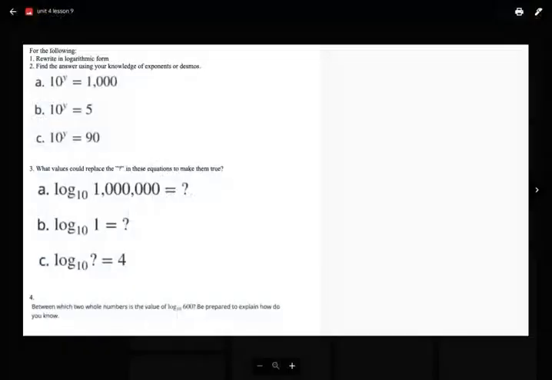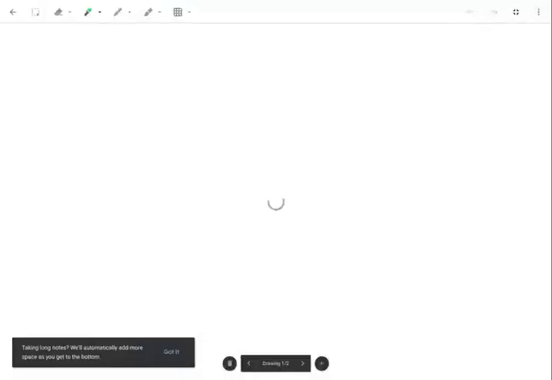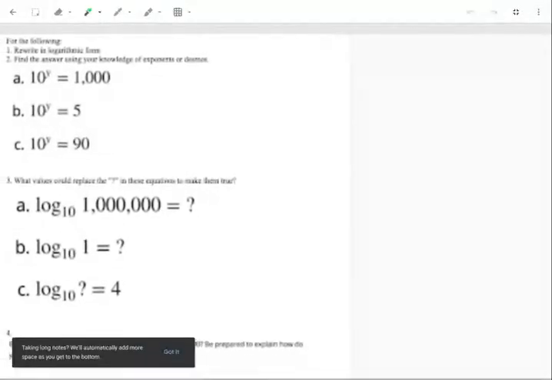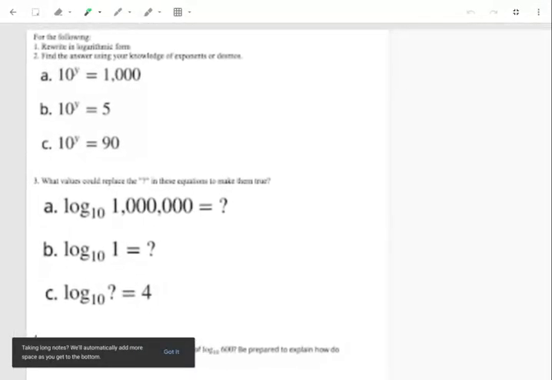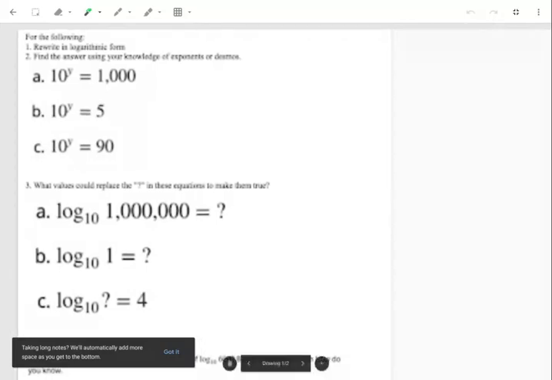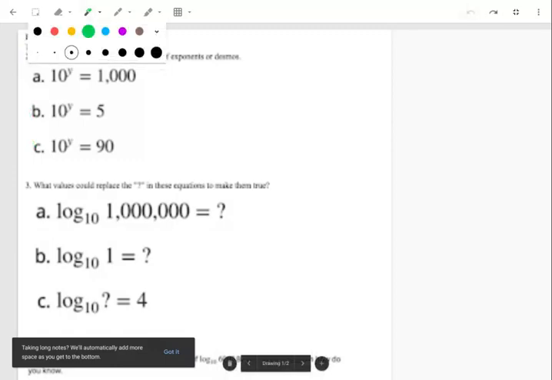So let's look at the examples for today's lesson. Okay, so for this first section right here, rewrite in logarithmic form.